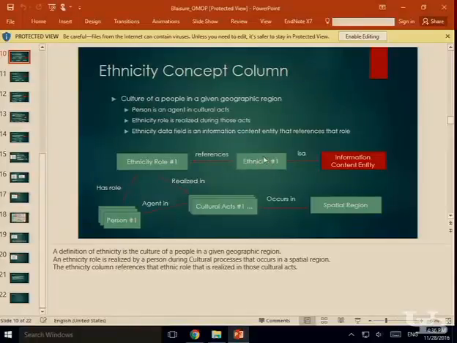But this is the data column. So this would be 0152, right? That's just an ID that is in the table. So I'm just saying it's referencing this ethnicity role. I'm saying this is a symbol that references this role that is realized in some cultural acts. I see. Okay.